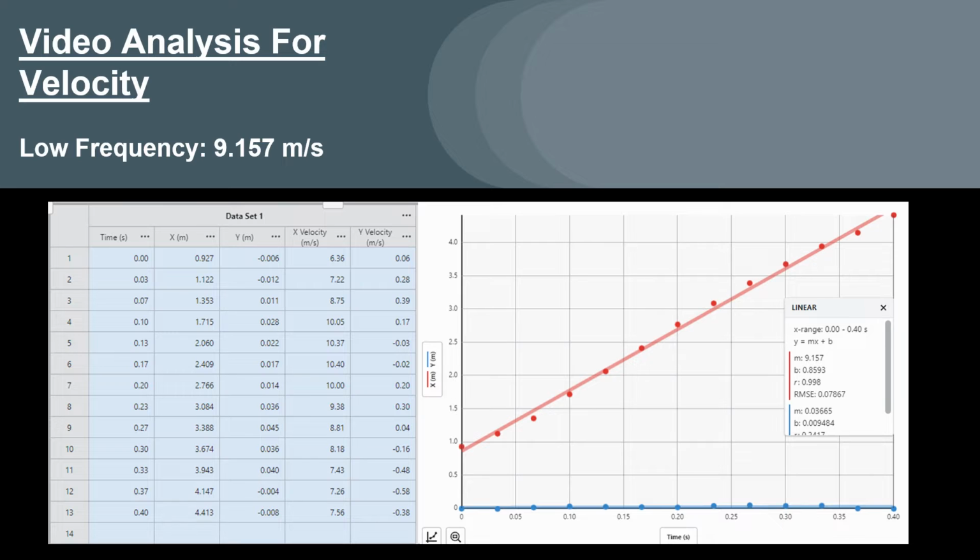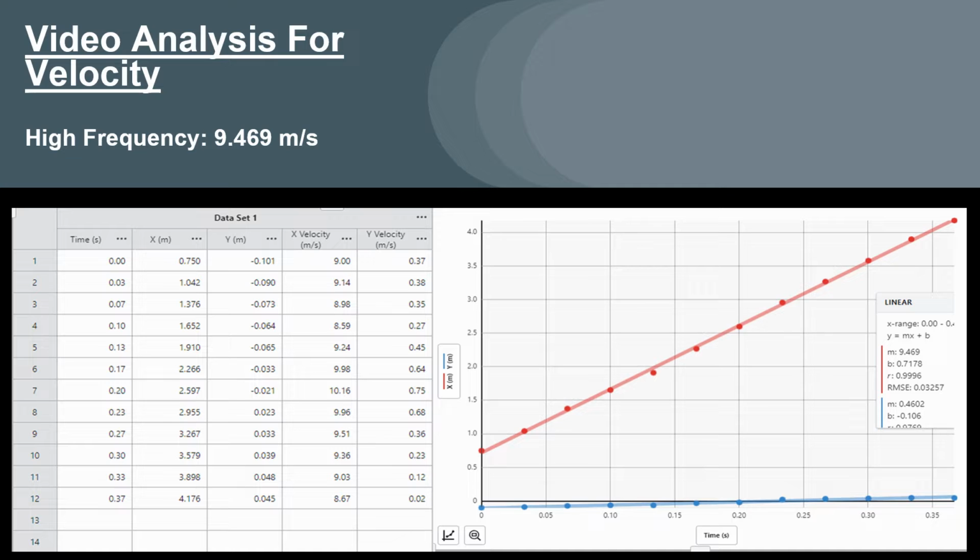When put into the video analysis, we looked at both the low frequency driving force and the high frequency driving force. For the low frequency, when comparing the time and position of a point on the rope, when we did the best line fit on the graph, we got a velocity or wave speed of approximately 9.157 meters per second.